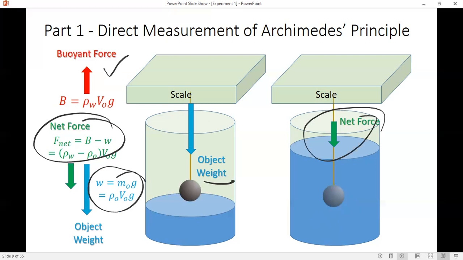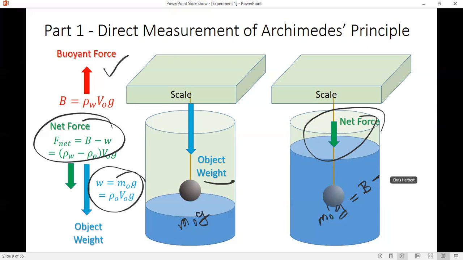Think about this. If there's no buoyant force, we just get weight. So I'm going to be able to take m0 times acceleration of gravity and calculate that weight. If I then submerge it and get that effective mass, okay, times g, that is actually equal to the buoyant force pushing up minus the weight.